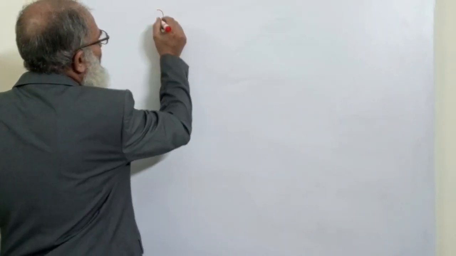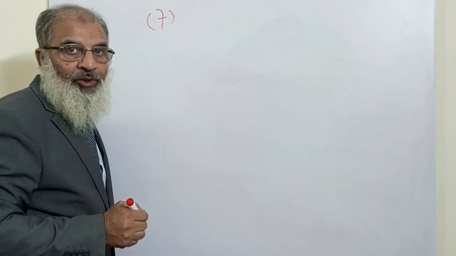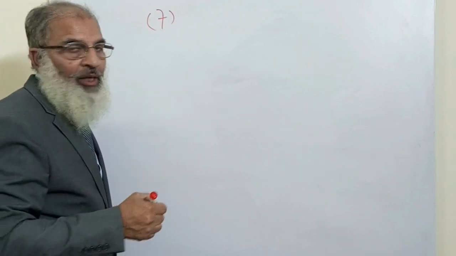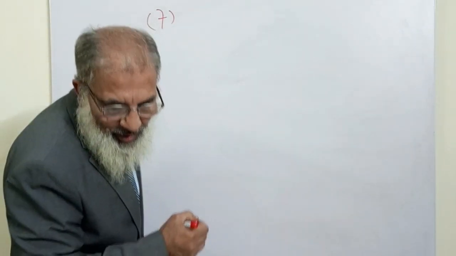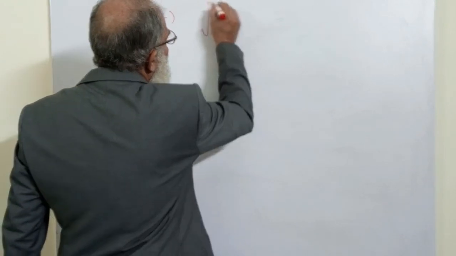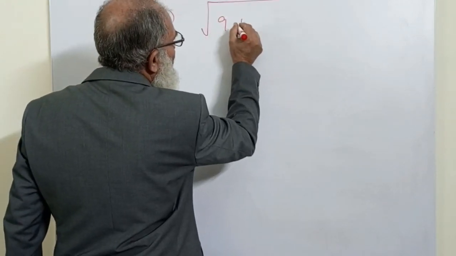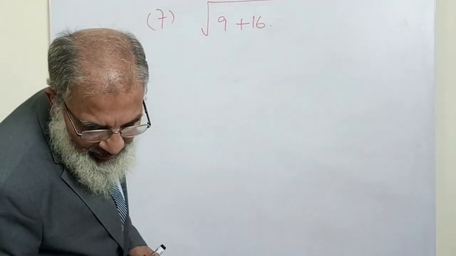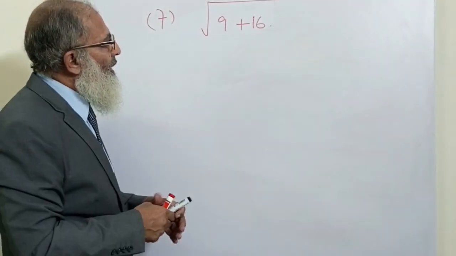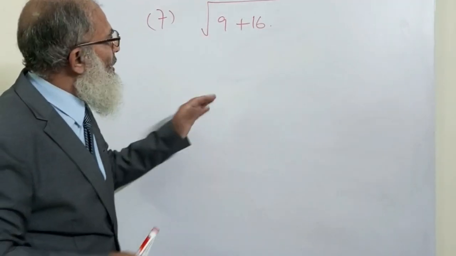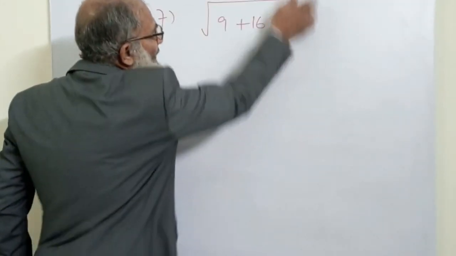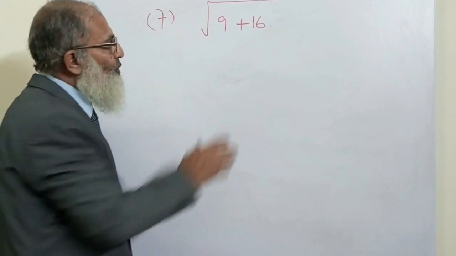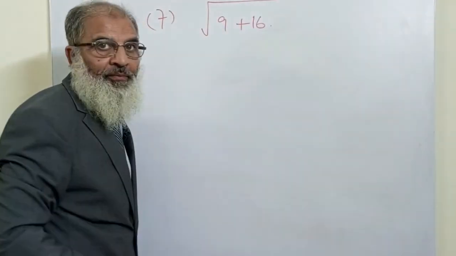Coming back to the exercise, our part is F now. You will find out why I told you about this. In part F, this is the question now. What you have to do is, this root also acts like a bracket.